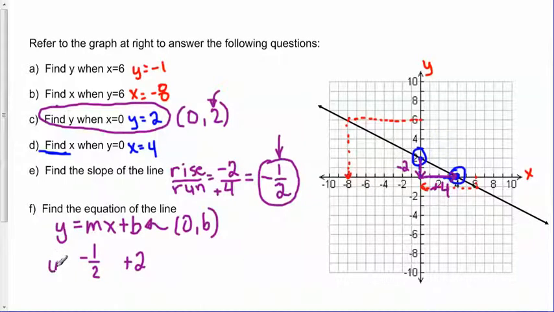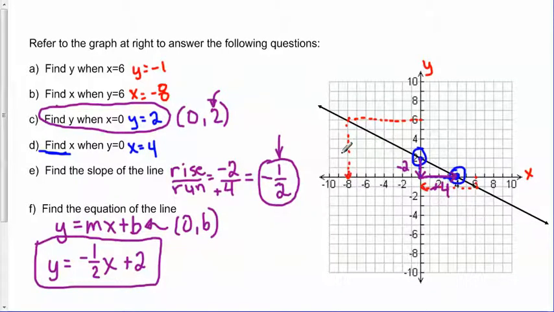Now I just fill in the rest of the equation. y equals -1/2 was my value for m. I want to be sure that the x goes into place. We found +2 for our value for b. And so that gives us the equation of this line. So if we just dissect the line a little bit, even though we're not given an equation, we can pretty quickly come up with what the equation of that line should be.